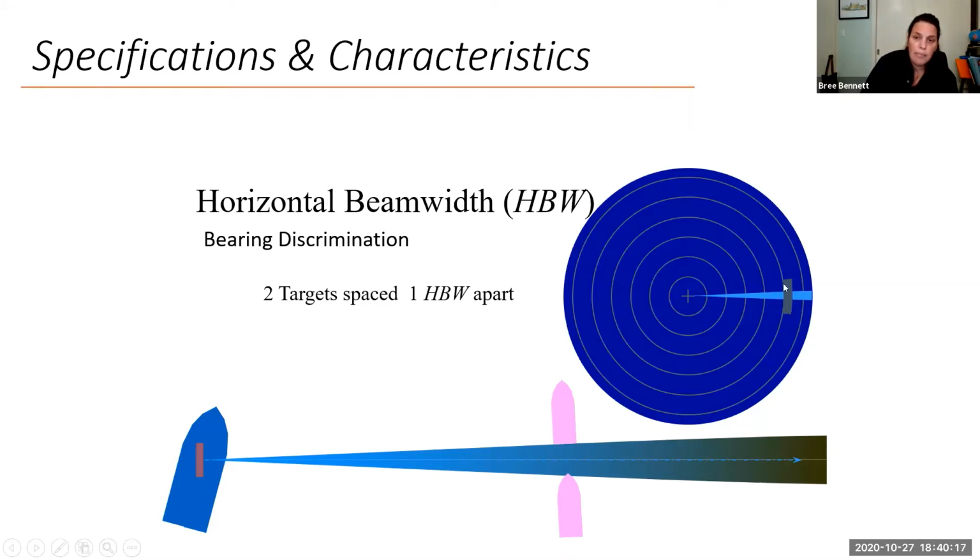And this also happens when two targets pass close to one another. Most likely these two targets are going to be moving as well. So maybe they start away from each other and then they pass each other. They don't hit each other, but they pass each other and keep going.